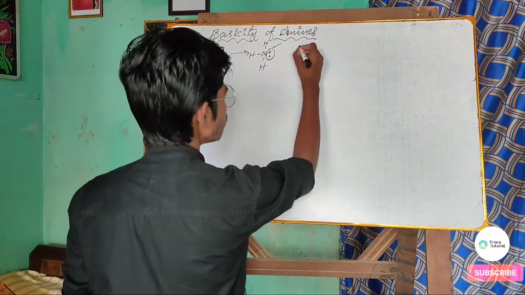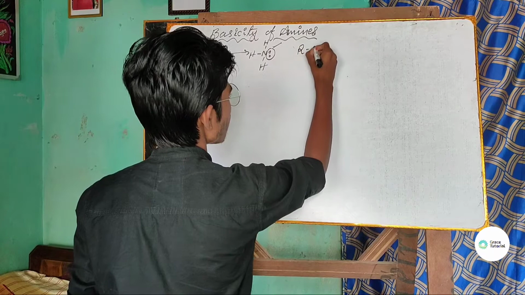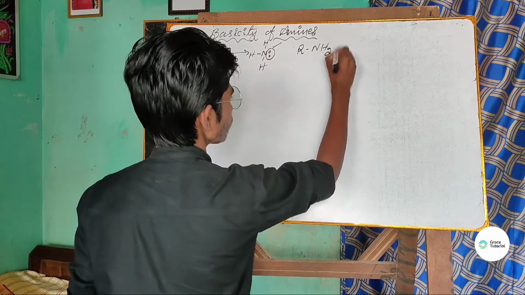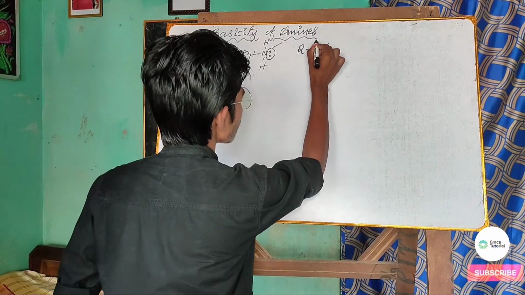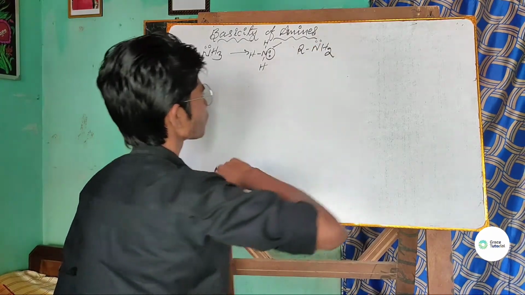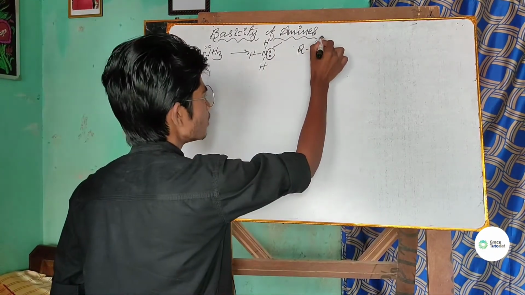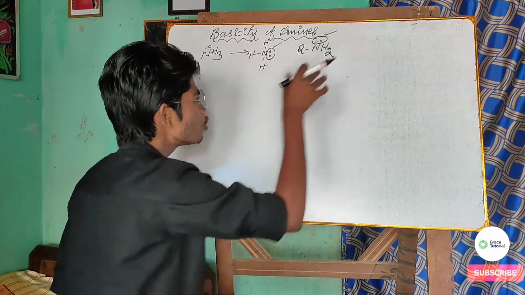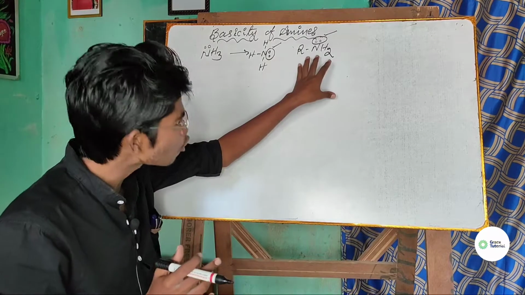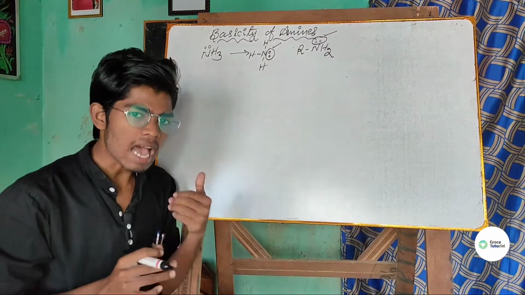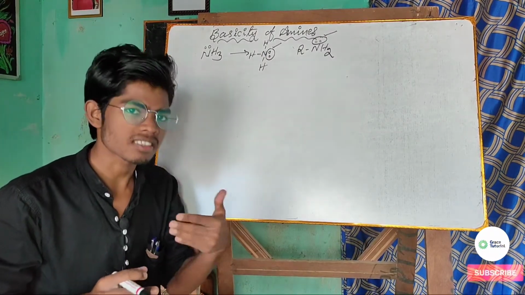Because if you write the general formula of an amine, that is RNH2, here the nitrogen has a lone pair of electrons. Due to the presence of the lone pair of electrons over the nitrogen atom, this amine also acts as a base.